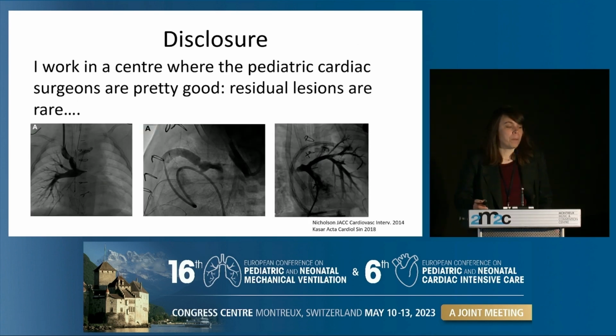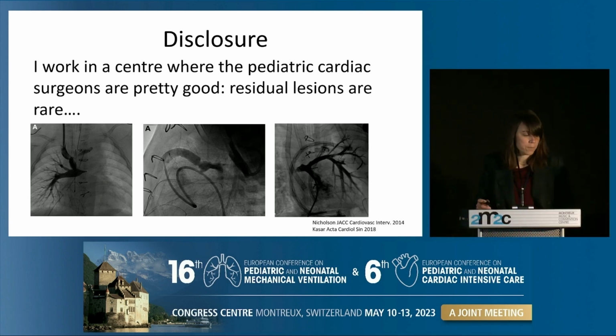So the problem with residual lesion is when you work in a center with a very good surgeon, it's pretty rare to get those very extreme residual lesions that are published. I understand that those are the extreme cases and everybody can make mistakes, but it's very uncommon to find that kind of lesions.